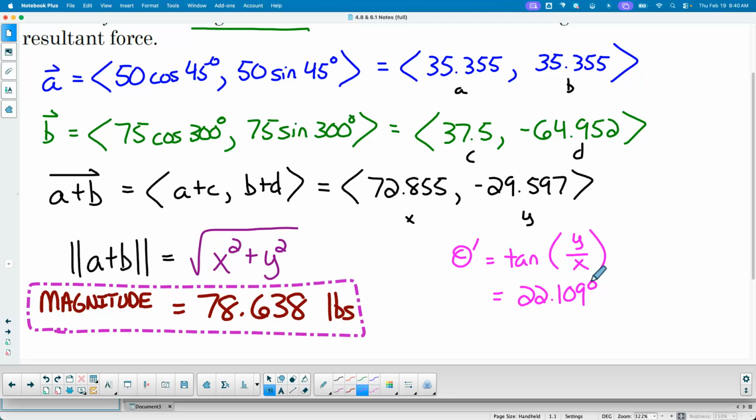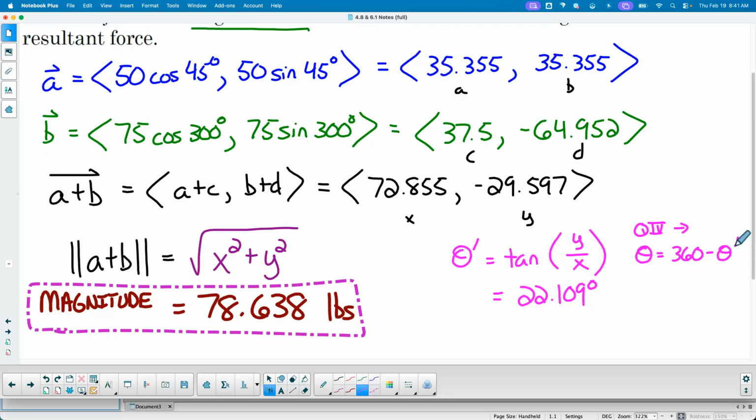But this was in quadrant 4. So for quadrant 4 angles, actual theta is how much? 360 minus my reference angle.